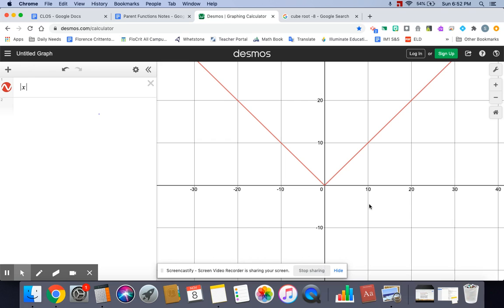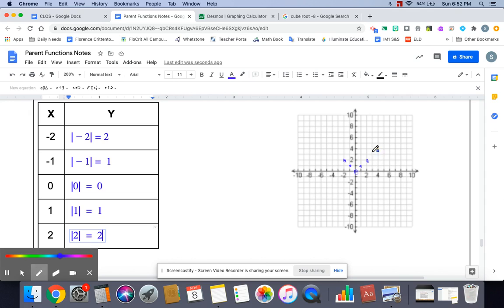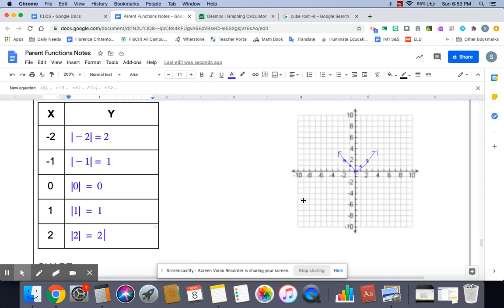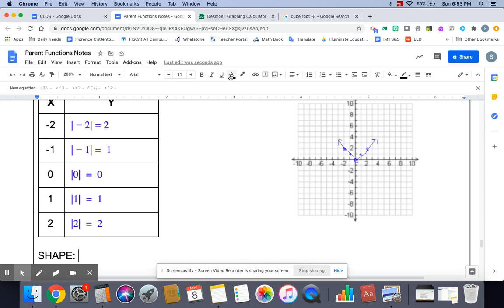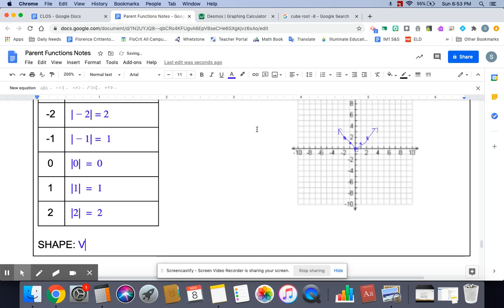So that's the shape of the absolute value. Pretend that looks more like a V, but that's that graph. So it's going to be a V. It could also be an upside down V. So it can go like that too. And that's absolute value.